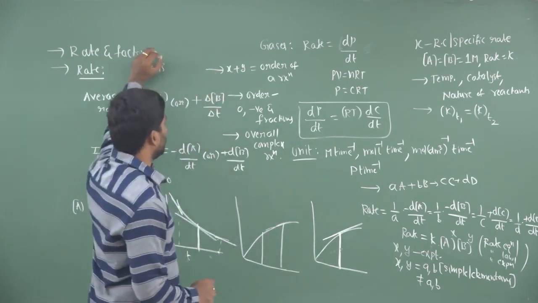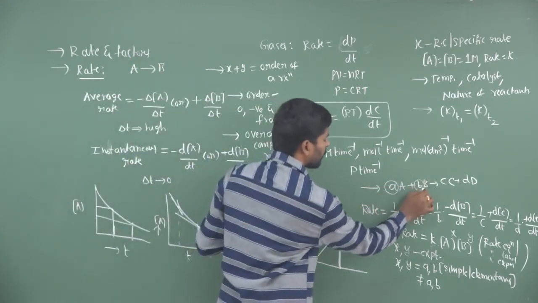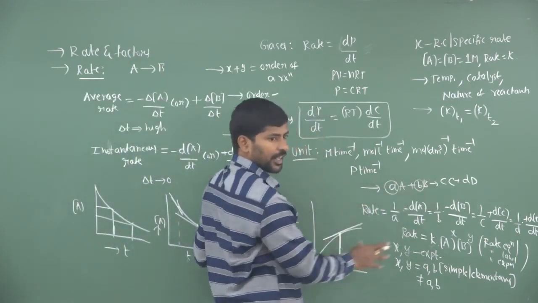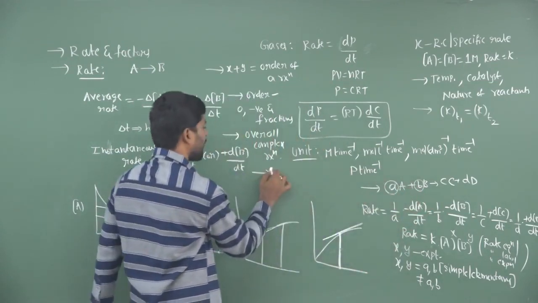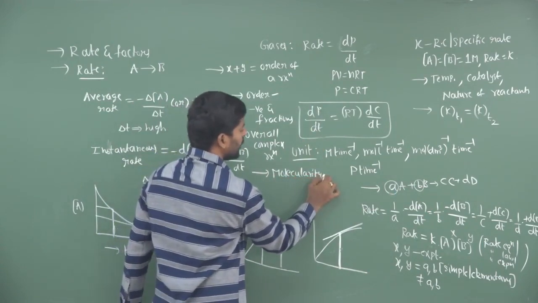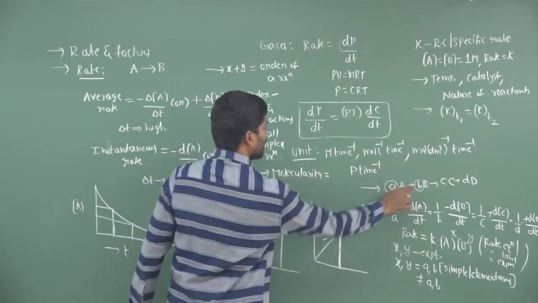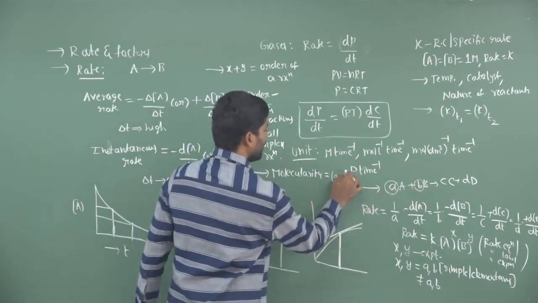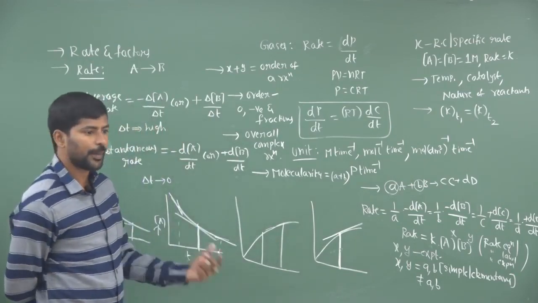Right, next one. What about the sum of the number of molecules participating in an elementary reaction? The sum of the number of molecules participating in an elementary reaction is called molecularity. So if it is an elementary, single step reaction, what about its molecularity? For A plus B, if it is a single step reaction, then its molecularity is 2.